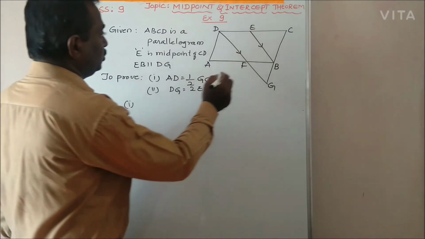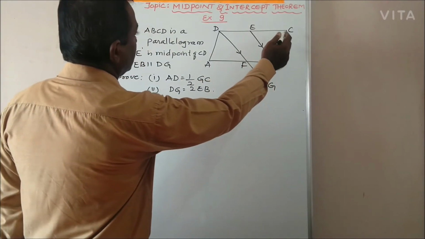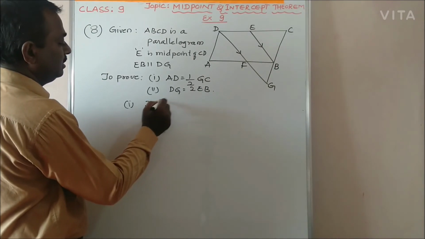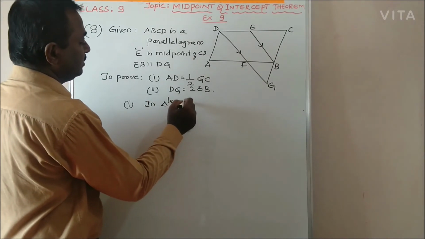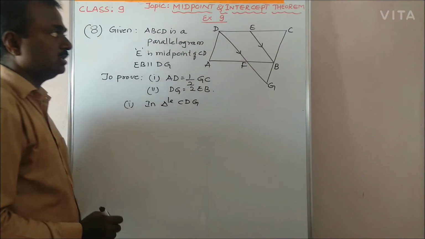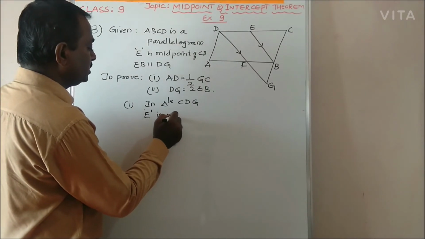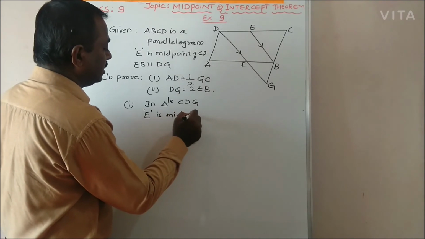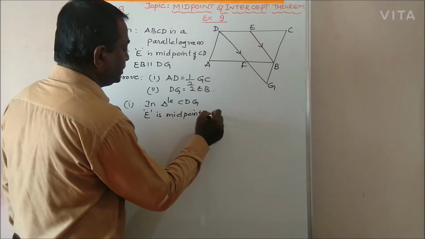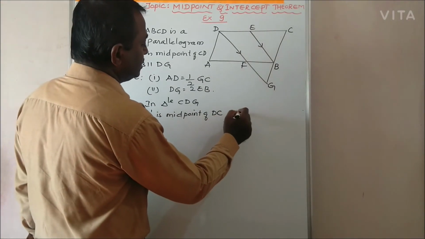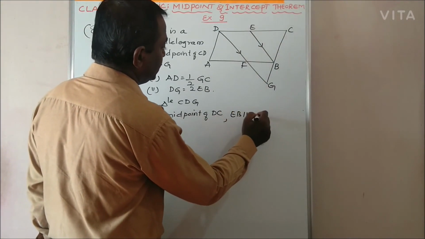In order to prove this, I will take the triangle CDG. In triangle CDG, E is the midpoint of DC, and EB is parallel to DG.